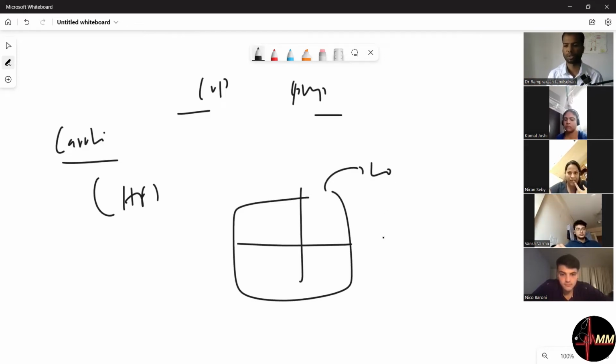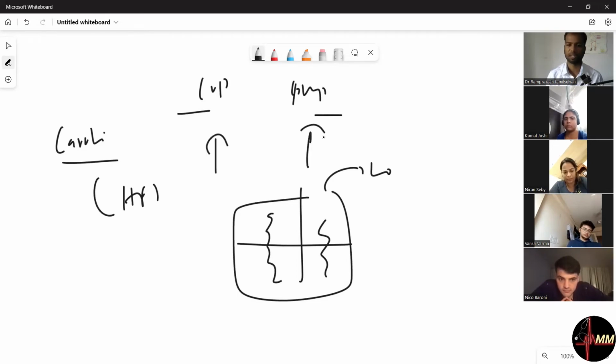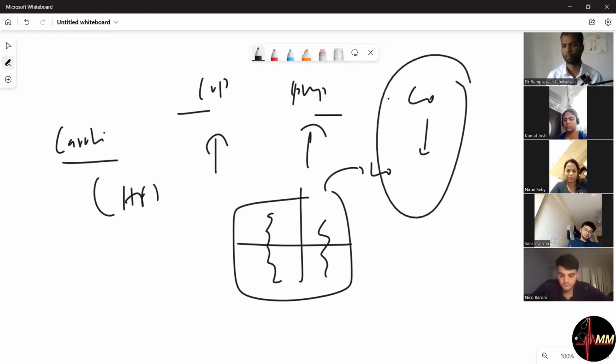If heart muscles don't contract very well, the blood gets accumulated in the heart. This is going to increase the pressure in all the chambers. Increased CVP, increased PCWP, and the cardiac output goes low. Clear? Do you understand? Yes?